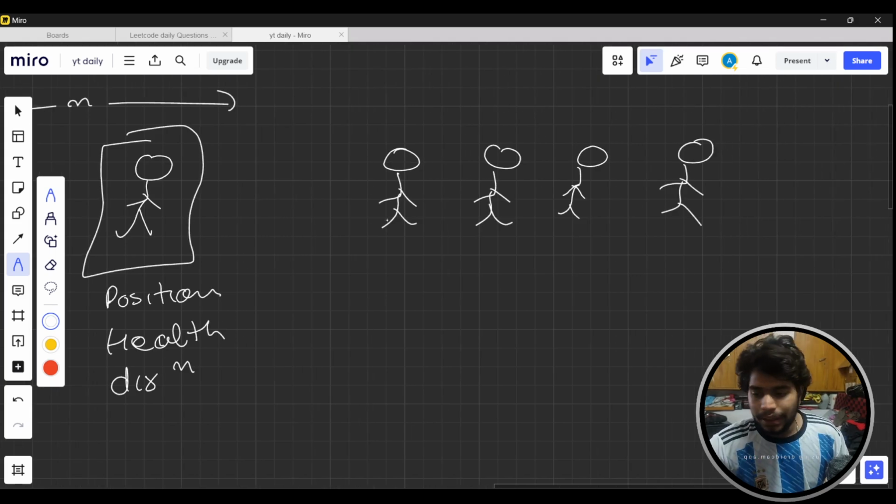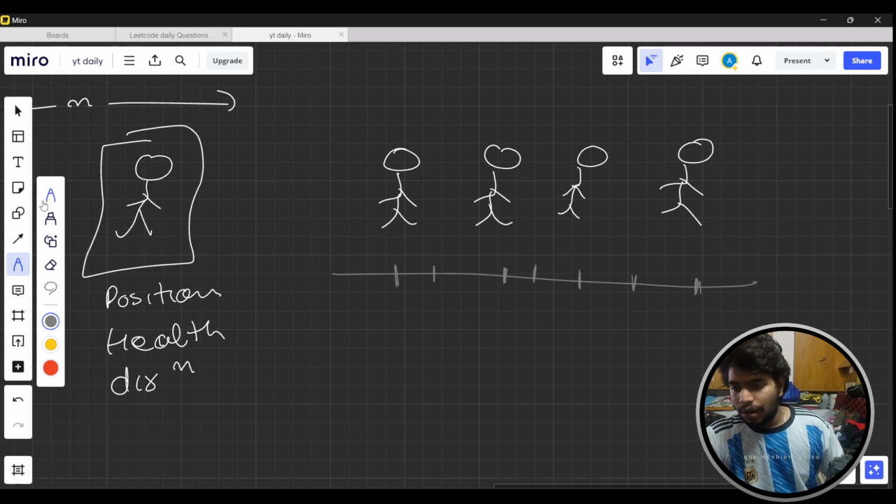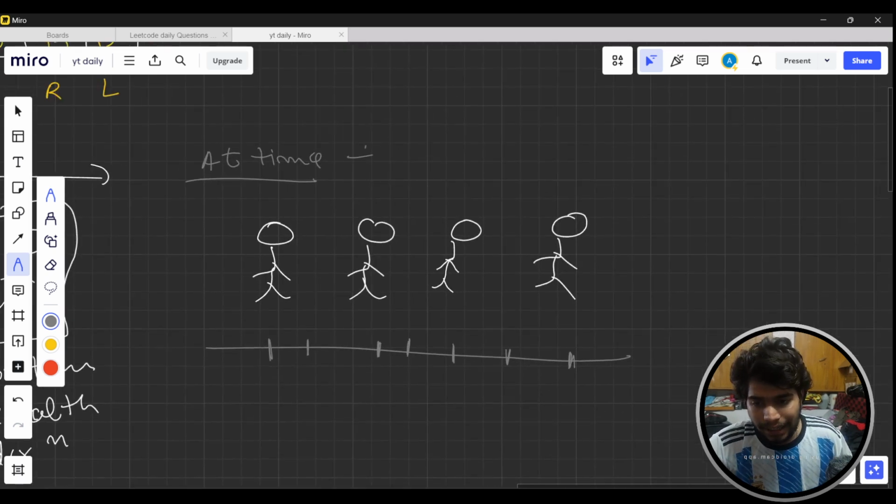So let's say I plot it on a line. At time one, the question is saying that at a time, every robot will be moving simultaneously.